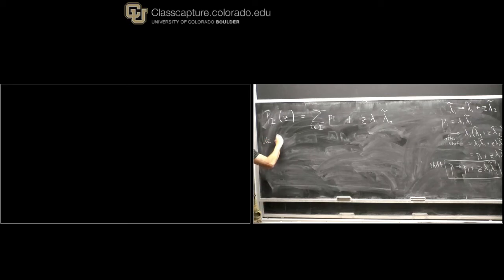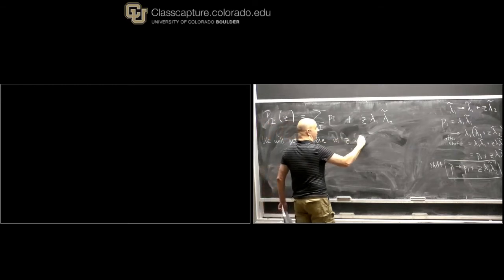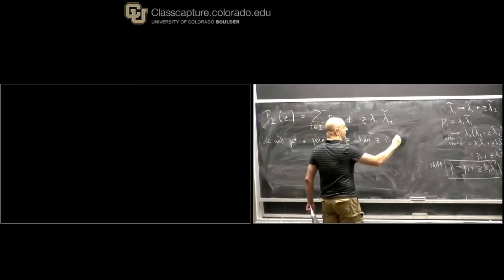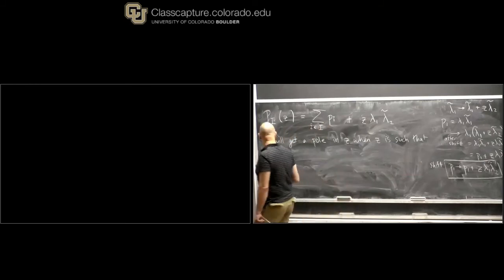So we will get a pole in z when z is such that pi squared is equal to 0.